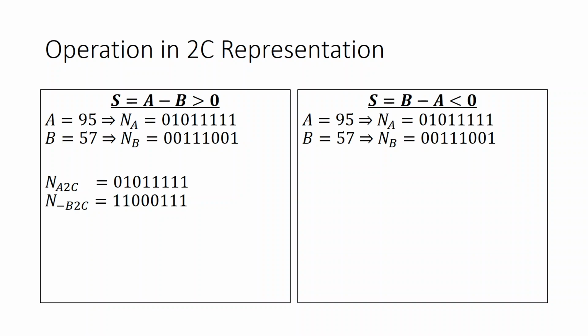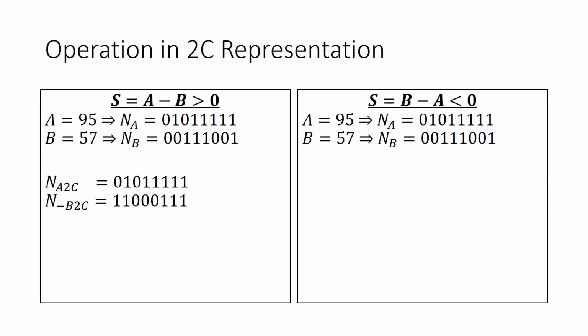In this example we are showing you the case where a and b are both positive quantities, and we are doing the operations a minus b and b minus a. But please be aware that a and b can be positive or negative, it doesn't matter.